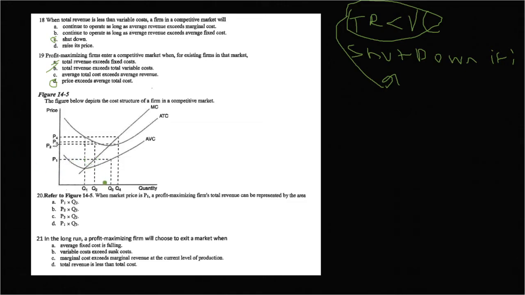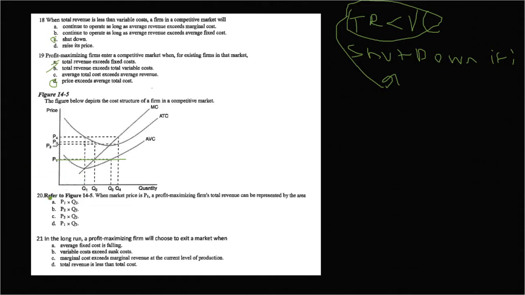So the total revenue is equal to the price times some quantity, right? But the quantity is where... So when the price is P1, we're going to look at that, it was actually a straight line.